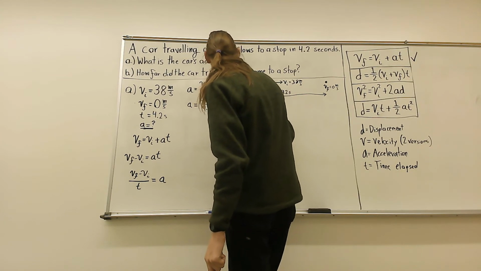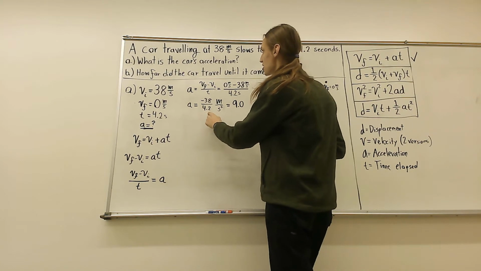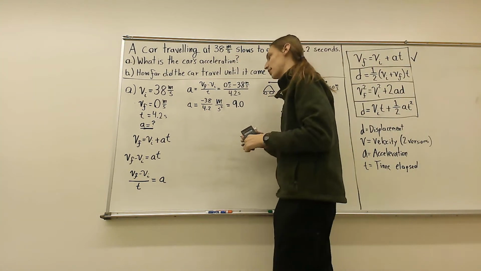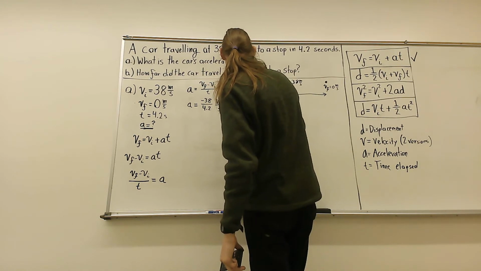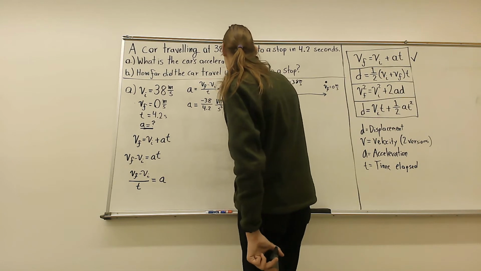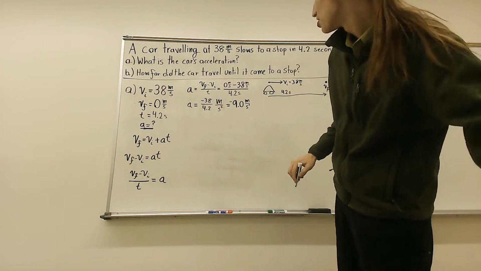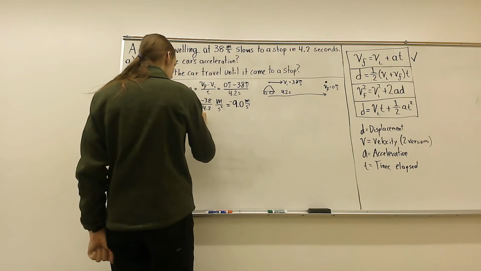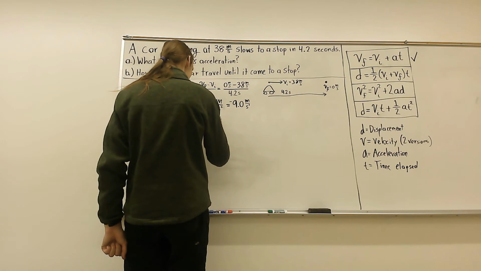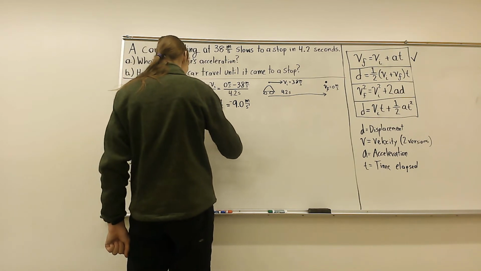Remember, the number goes on longer than that, but we're only given 2 significant figures, 38 and 4.2. So we only want 2 significant figures in our answer. So 9.0 meters per second squared, but we have to remember this negative sign. It's a negative 9.0. So that is our answer right there. A equals negative 9.0 meters per second squared.